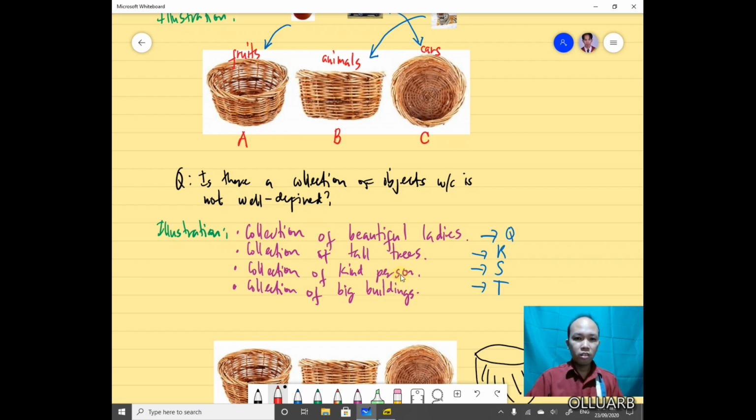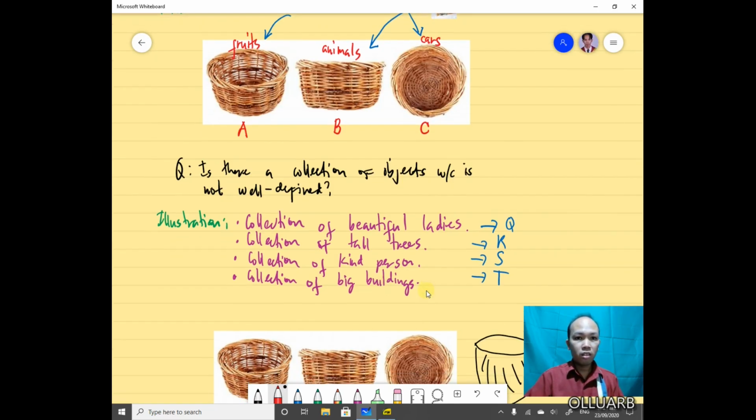Maybe for you that person is kind, but to another he or she is unkind. Can you distinguish big buildings? This building is big because it has 2 stories, or this is big enough because it has 20 stories.